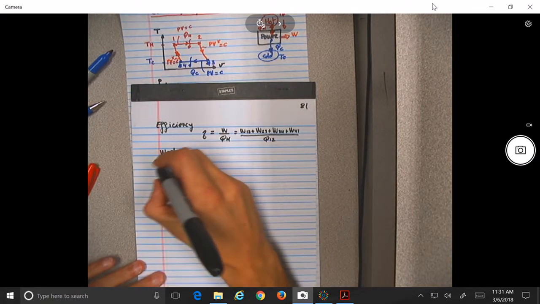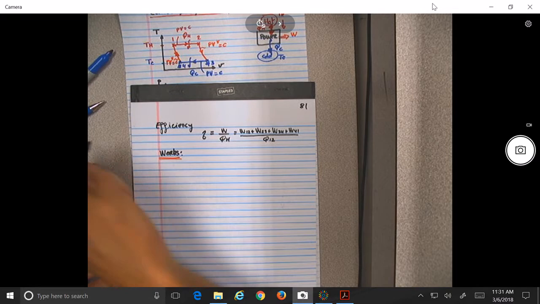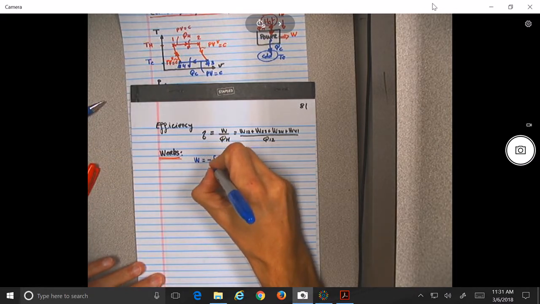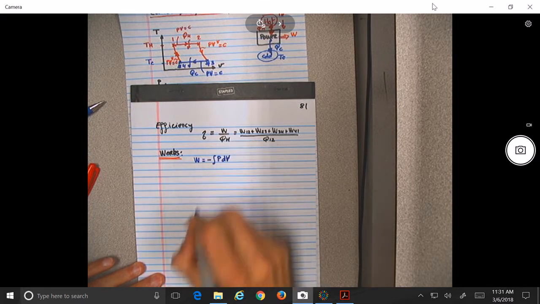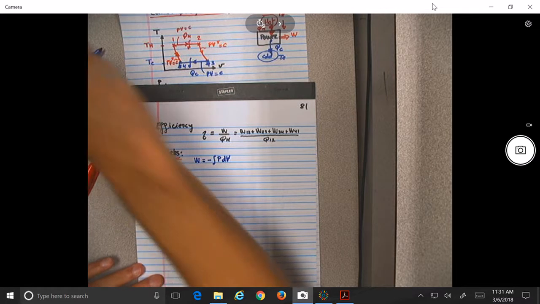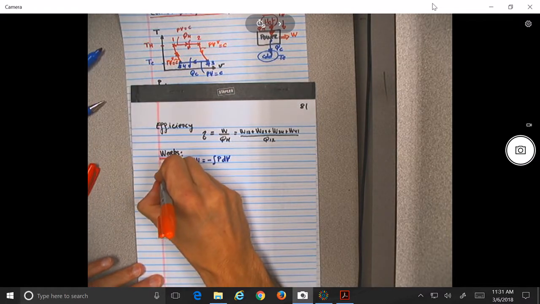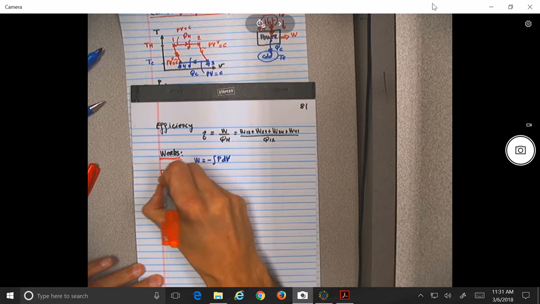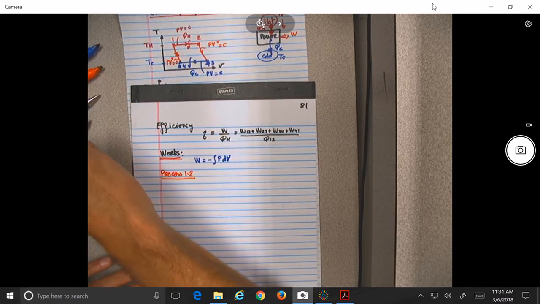1,2? So what is the general expression for work? Minus PdV, no? Okay, so if we first look at process 1,2, what are we going to have?